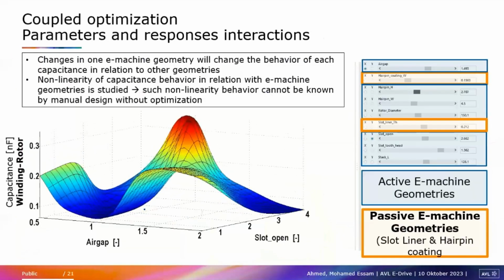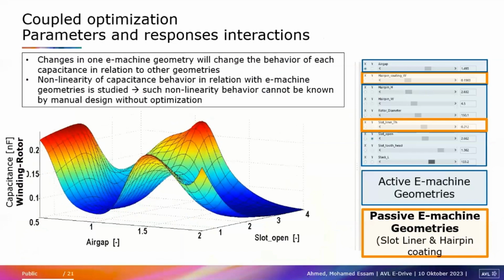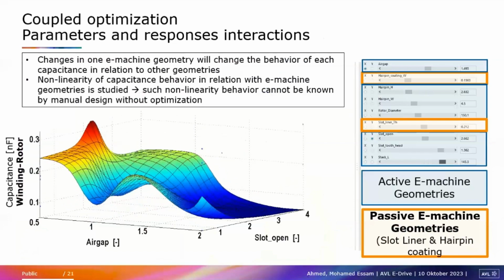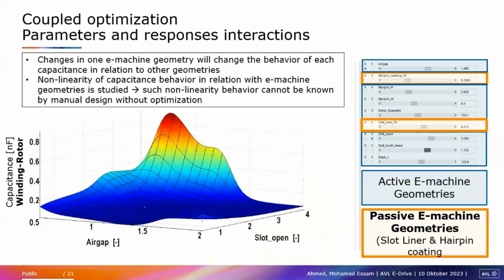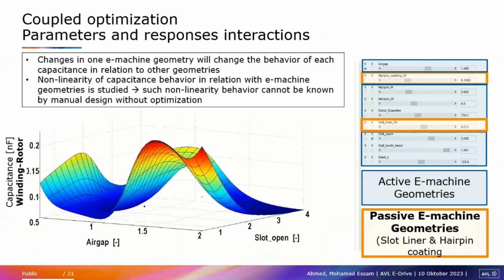Also to notice, the benefit of such an optimization is that you can study in an optimizer how the winding to rotor capacitance, which is a very important capacitance, interacts with some geometry parameter or active electromagnetic parameter, like the slot open or air gap.